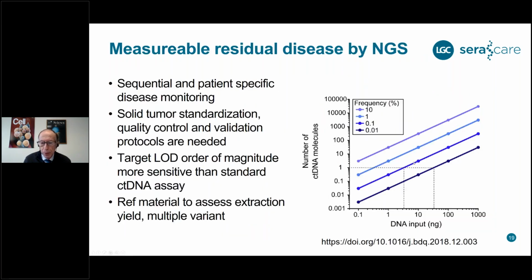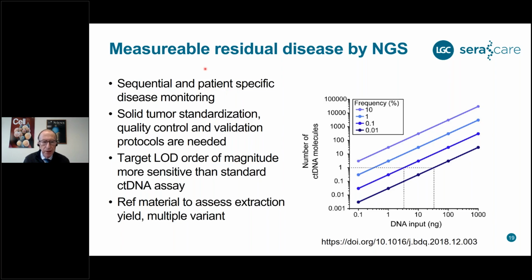Now, this is a report from the literature. I just want to highlight as we move from standard diagnostics of NGS for clinical oncology, moving to measurable residual disease by NGS. A couple points to make here. This is in product development right now, and the issue here is that we're looking at sequential and patient-specific disease monitoring.